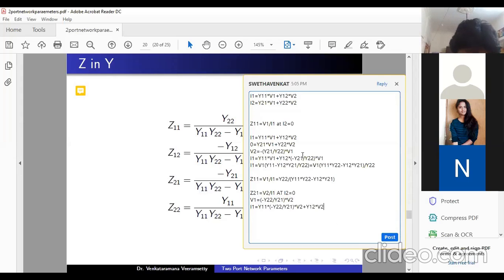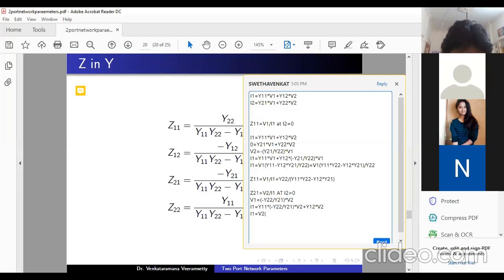Now take V2 outside. If you take V2 outside, then we have minus y11 multiplied with y22 divided by y21, plus y12. And we can further modify this equation with V2 common.